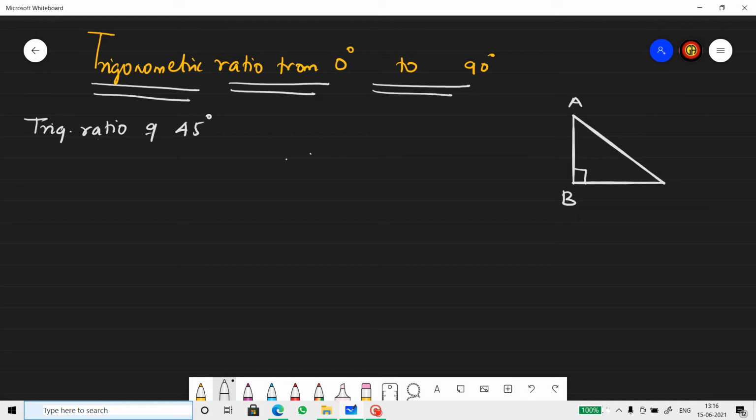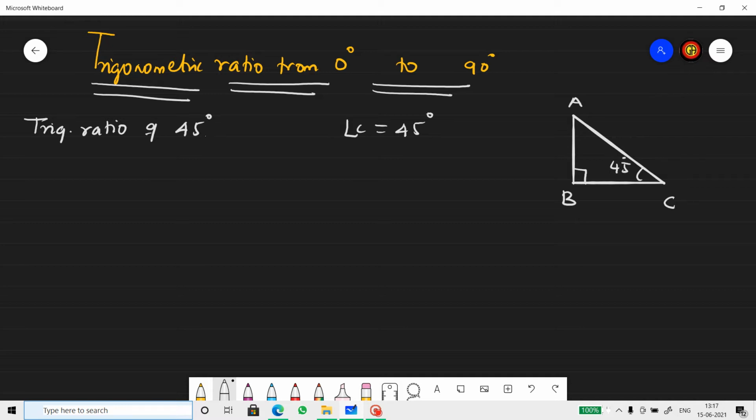So first one, trigonometric ratios of 45 degree. Now let us take a right angle triangle, right angle at B, and let's consider one of the angles is 45 degree. Let's assume angle C is 45 degree. C is here and I've taken C as 45 degree.